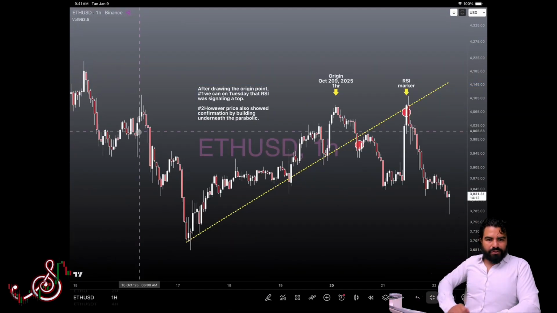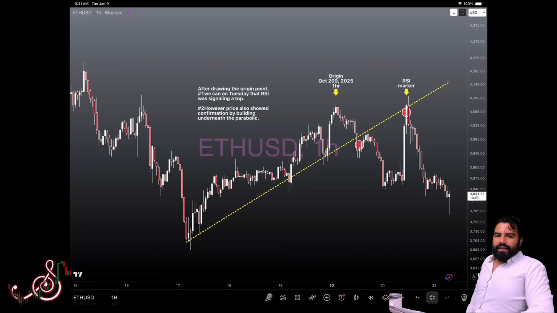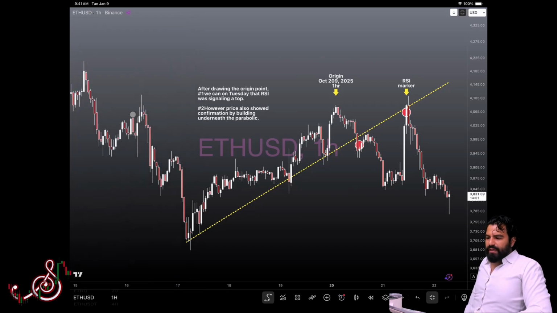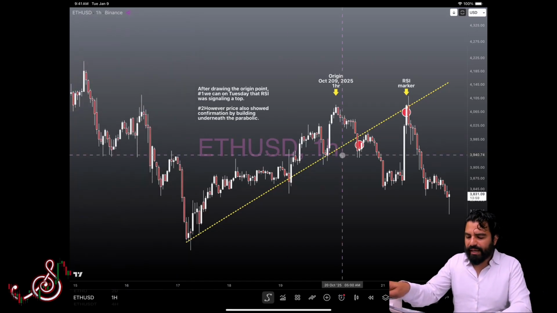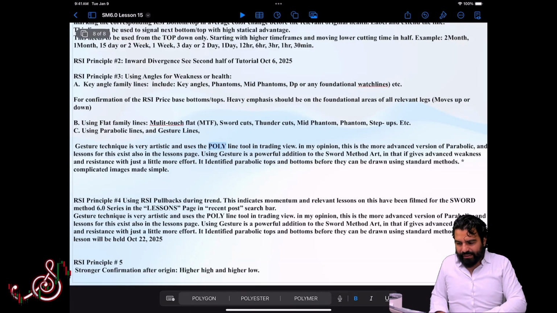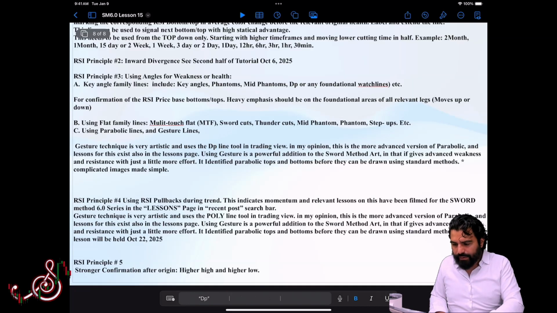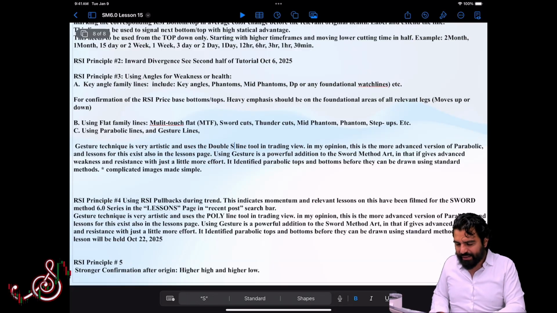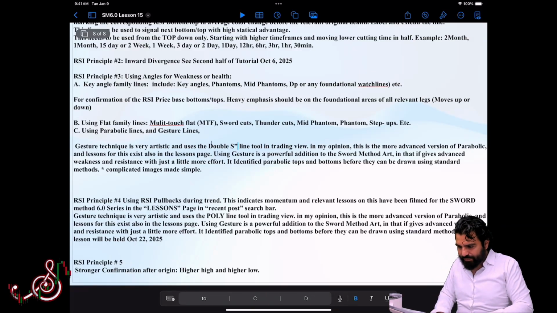In our tool, instead of using the basic parabolic, we use the double S curve. It's called double S. Make sure I write that down, because here I had it as polyline, but it's actually double S. I knew before class, I said it has a different name, double S line tool.